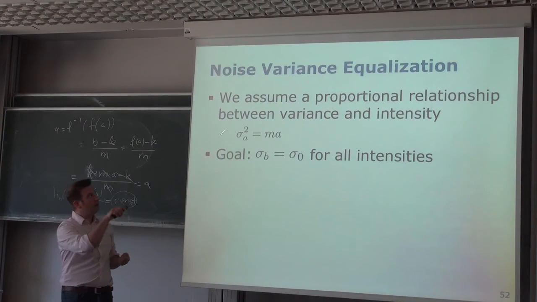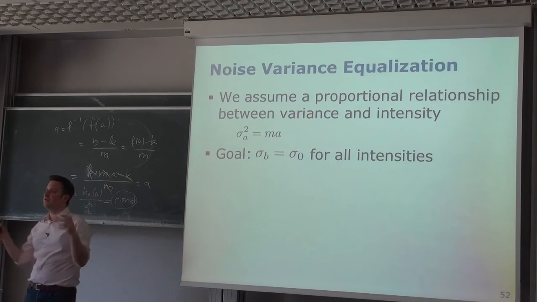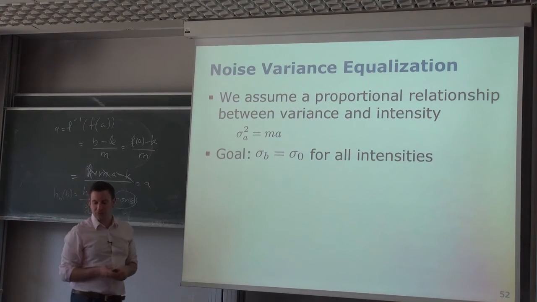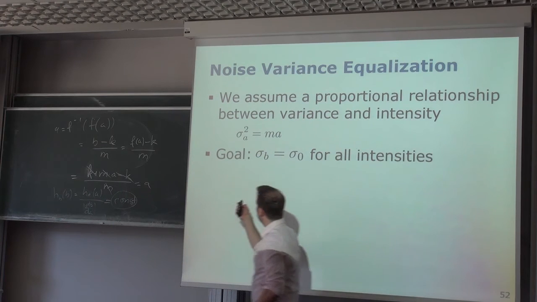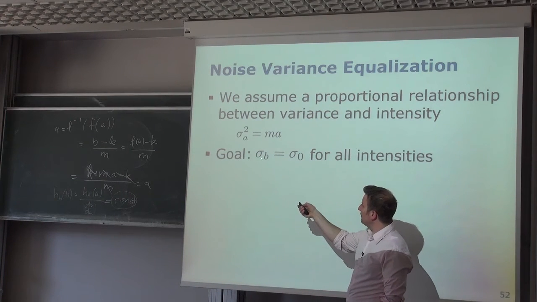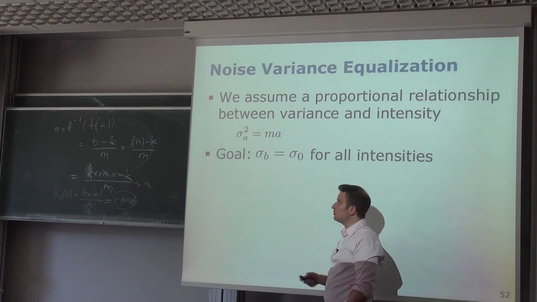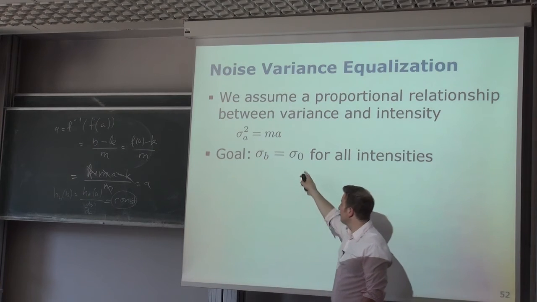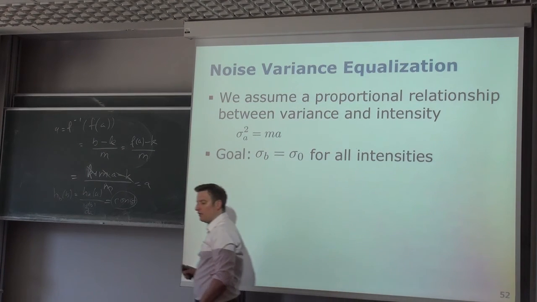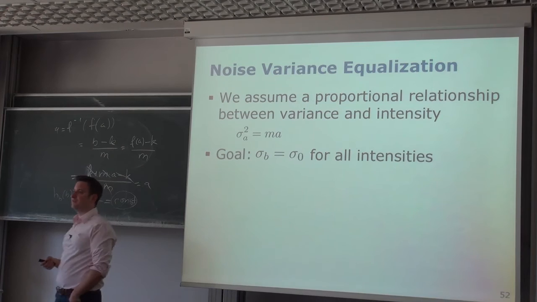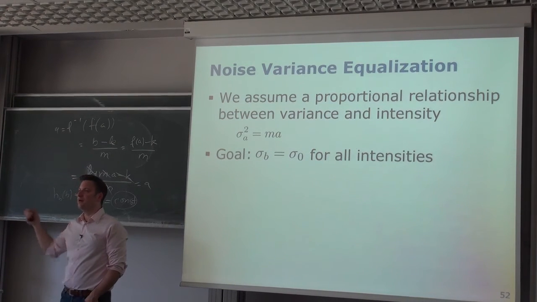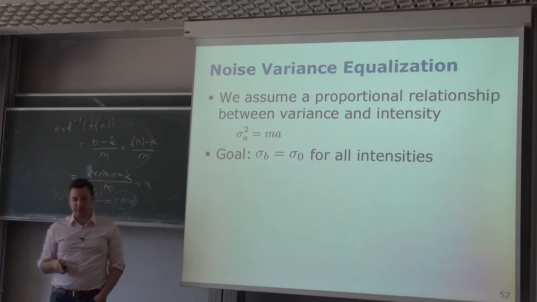So this model is not just a random assumption, it's based on the Poisson distribution. And the goal is that the variance or the standard deviation in my output image is a constant. It takes the same value, sigma 0, for all intensity values, so it should not depend on the measured quantities anymore.